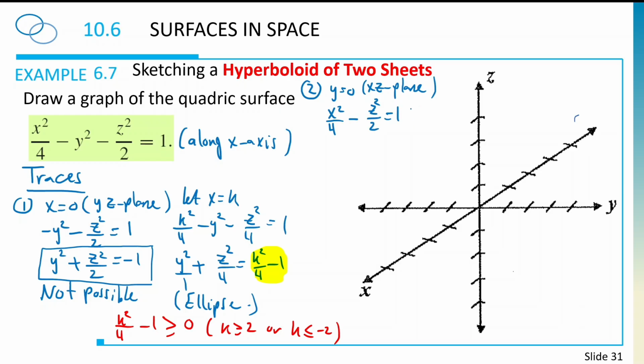And this is a hyperbola. Okay, try the third one, at z equals 0. This is with the xy plane. At z equals 0, we have x squared over 4 minus y squared equals 1. So this is again another hyperbola.